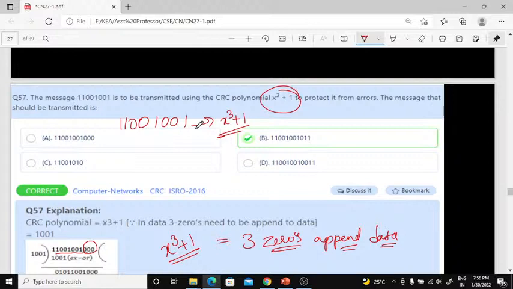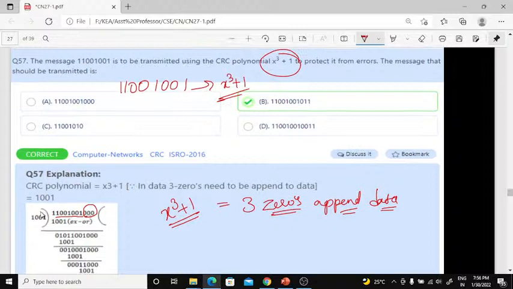x cube plus 1 is 1001, so the data is divided by 1001.